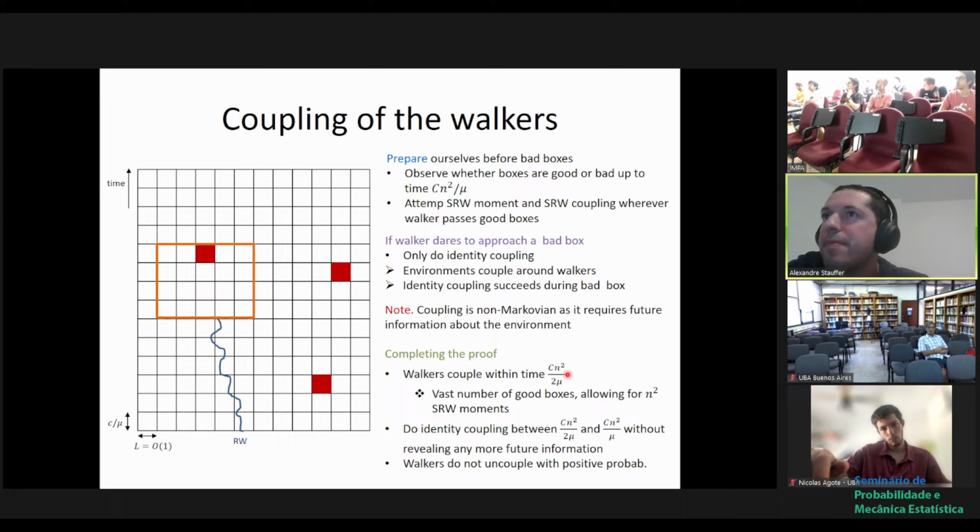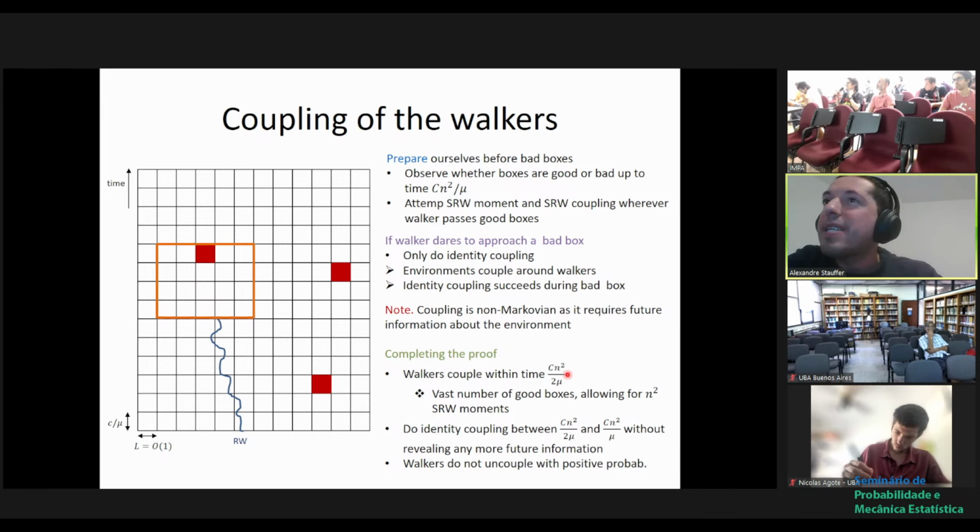But if your walker has unbounded jumps, then maybe the dependence on mu has to be more carefully considered. But if it has bounded jumps, you just do the same kind of argument, but you have to redefine what a simple random walk moment is. You have to come up with a more complicated one.